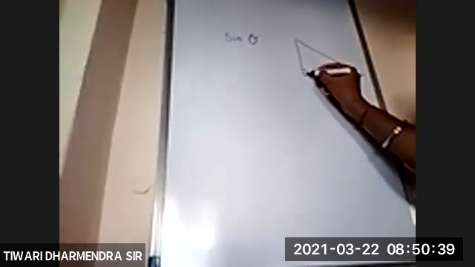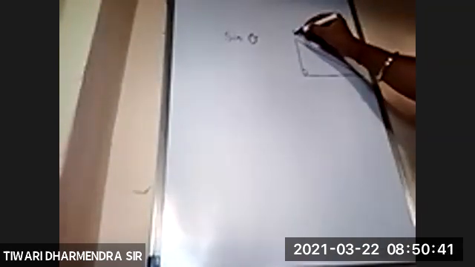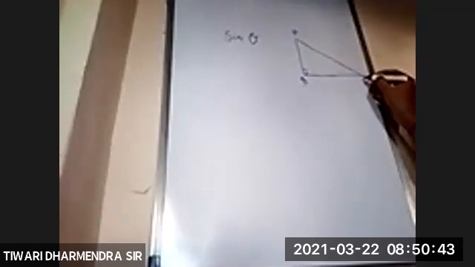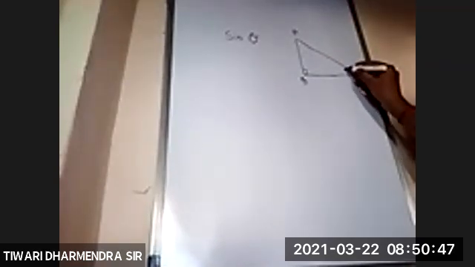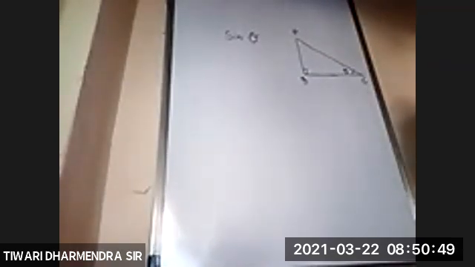This is 90 degree. Give it the names A, B, C. Suppose this be our theta. Angle C be our theta. We have assigned angle C to be theta. I have told you that theta is nothing but a Greek letter.